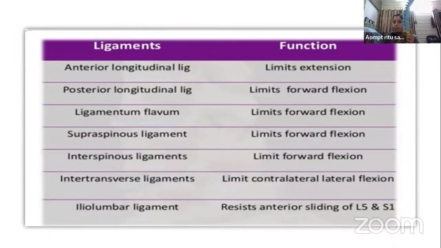So it limits the forward flexion and the extension because they are anterior and posterior. Or the ligamentum flavum on the side, and the supraspinous ligament between the spines, and in between there is an interspinous ligament.